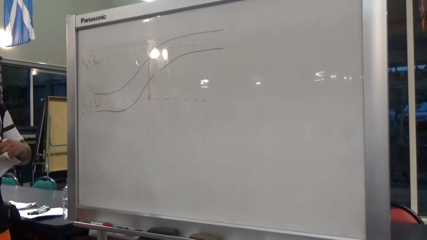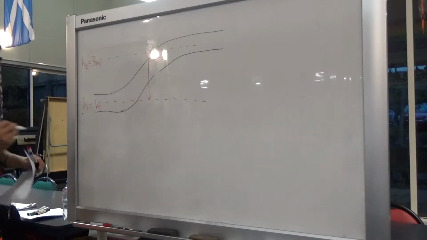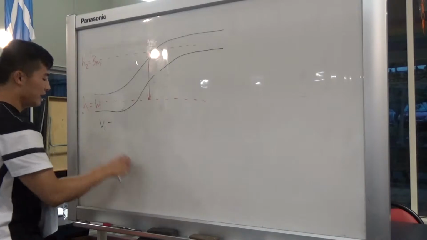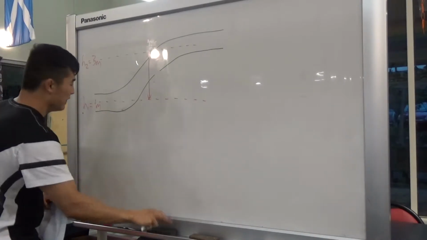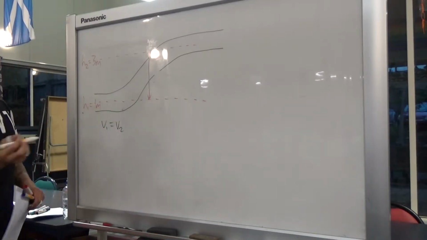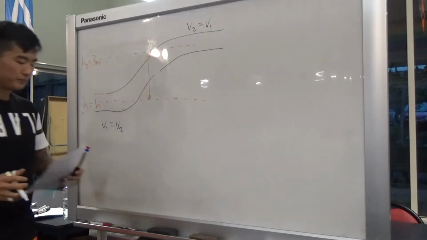And then we've been told that the water flows with constant velocity, so that means that V1 is equal to V2, right? And V2 is equal to V1.